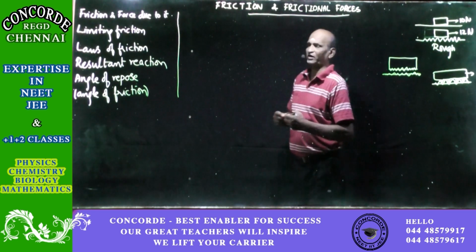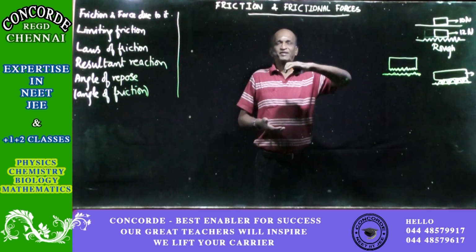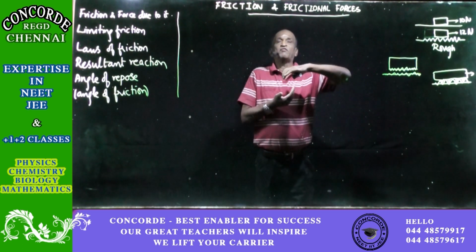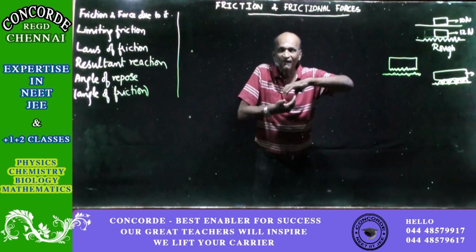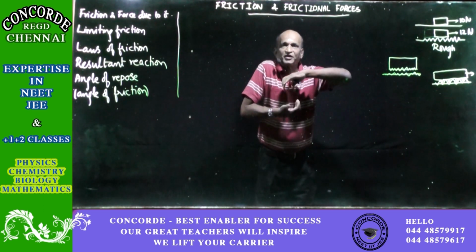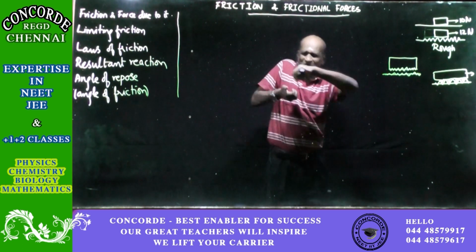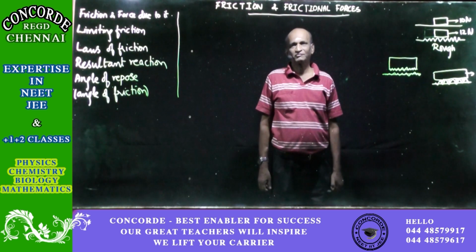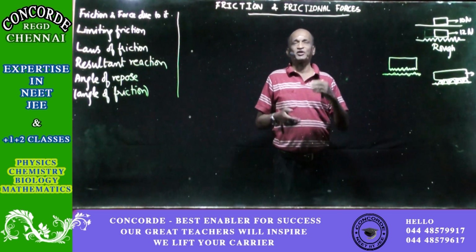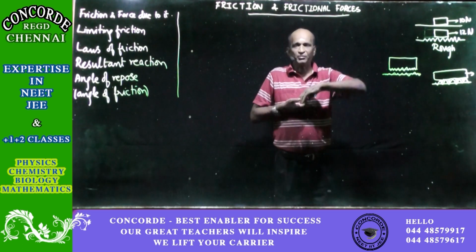The body will have some ups and downs, and the surface on which the body is moving will also have ups and downs. When you apply a force, see here that the two bodies come in contact, because of which this projection is opposing the motion, because of which you have to apply an additional force. So because of projections on the surface and also on the body, there is an opposition.